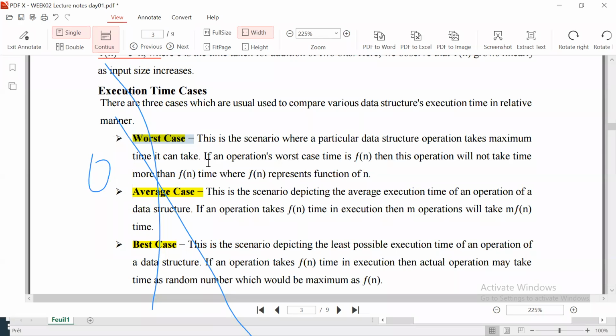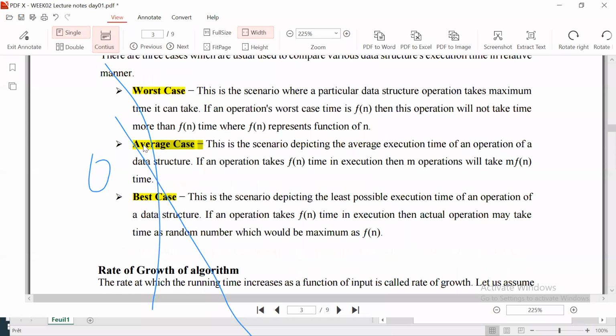It means you can have an algorithm that can take 5 seconds, 2 seconds, 3 seconds, 10 seconds. But in this situation, you are looking at the maximum execution time that the algorithm is going to take to run to completion. That is the worst case. The algorithm can never take longer than what you determine as the worst case. So the worst case will always be at the top. Then we have the average case.